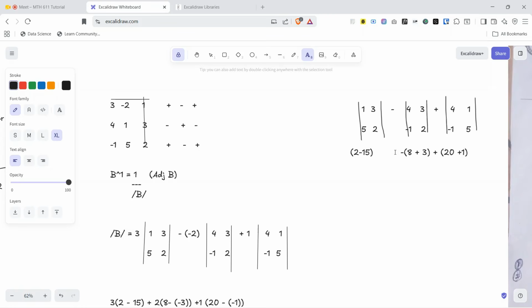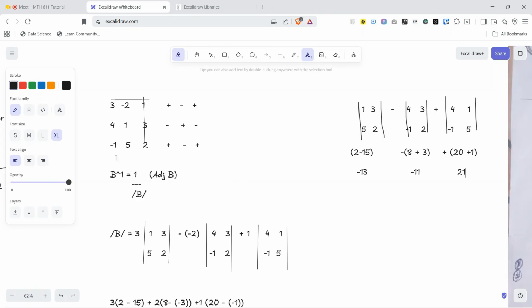This is going to be what our final matrix would be. So this is minus 13, this is minus 11, and then this is 21.